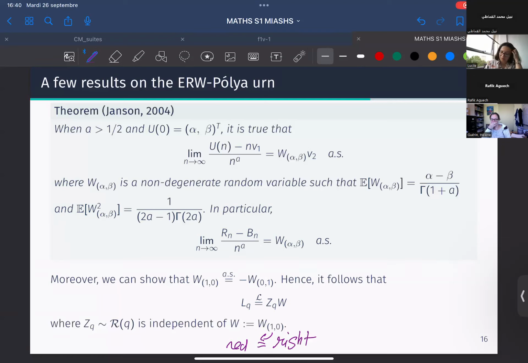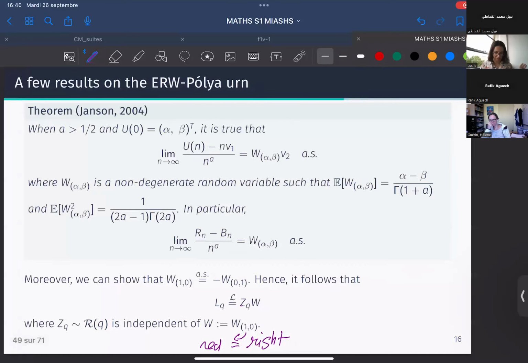So that means that the first step was a step to the right. Well, you just need to add this random variable that is +1 with probability Q or -1 with probability 1 minus Q to compensate and get all the cases. Okay.